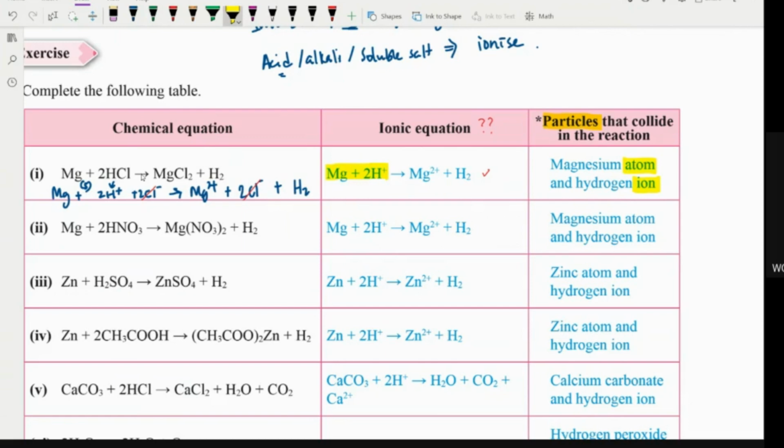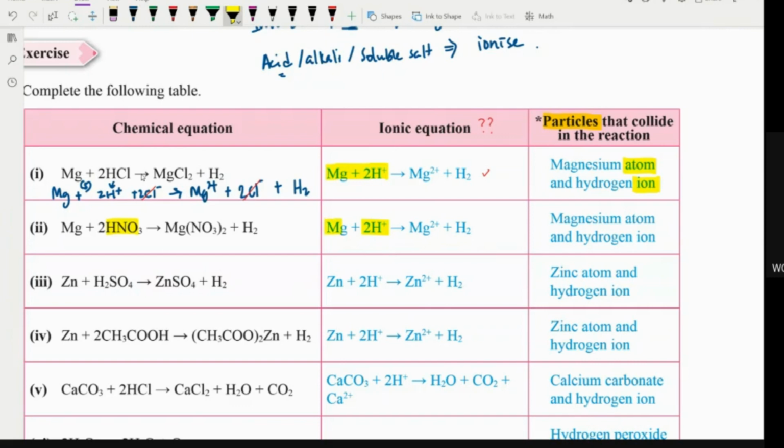You can see the second one is almost the same, just the acid is different. Magnesium nitrate is also soluble. Nitrate salts are all soluble. Magnesium and hydrogen are maintained. So you can see hydrogen ions for the acid, no matter what acid it is. The ions present must be hydrogen ions for acid. Just remember this.